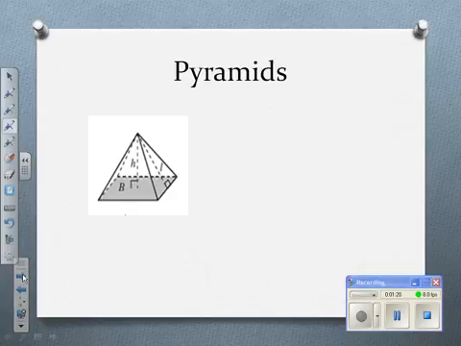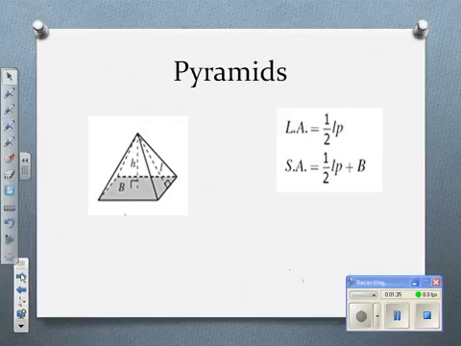The things that we need to know are what the big B is, the H, and the L, because we're going to be using these formulas: 1/2 LP for the lateral area and 1/2 LP plus big B for the surface area. Big B is the area of the base.